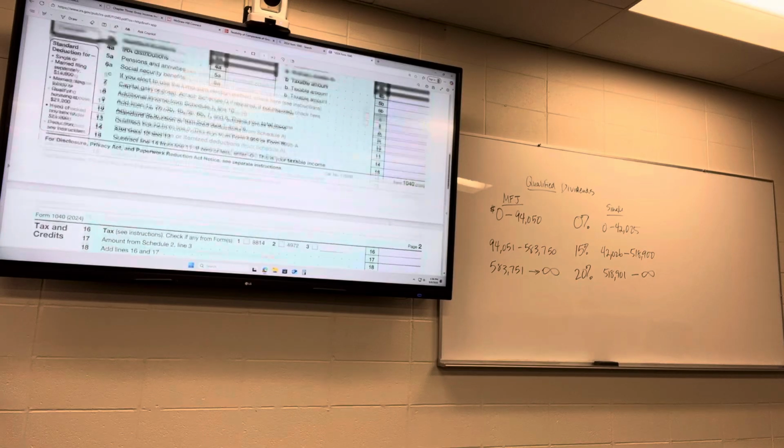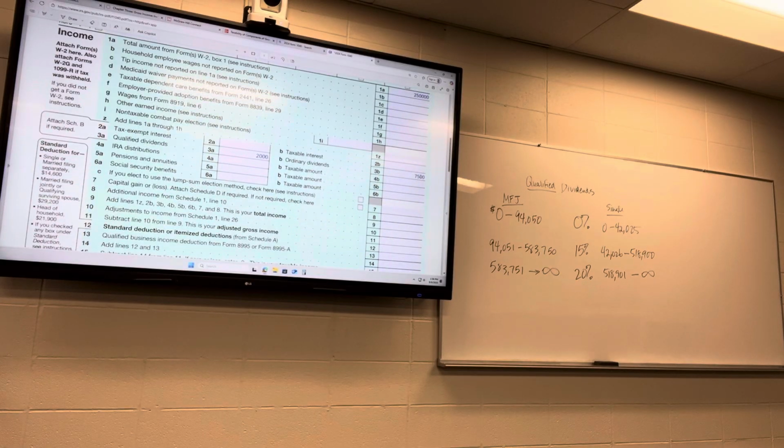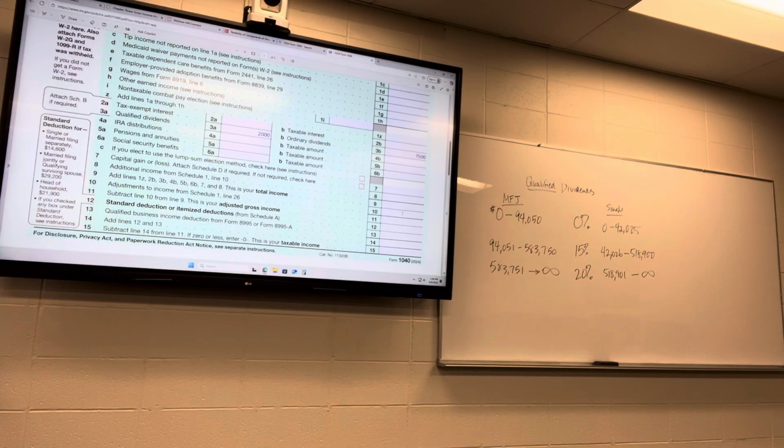On the 1099, the $7,500 would be in the first box, and the $2,000 would be in that second box. So box 1A, box 1B on the 1099.